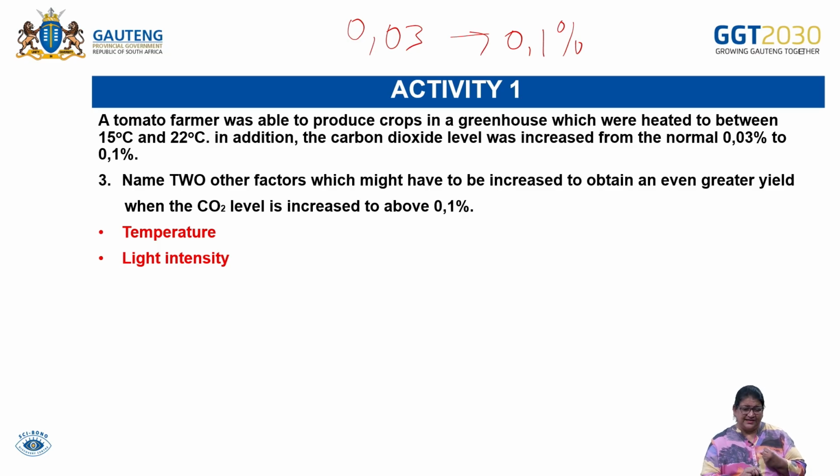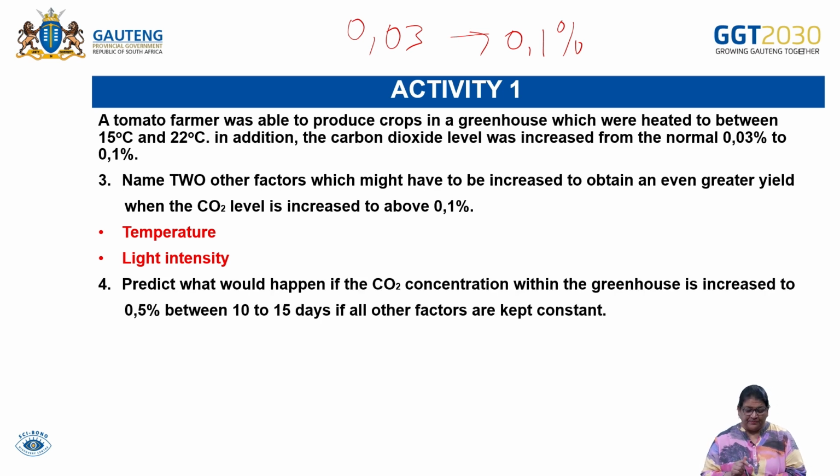Limiting factors. So CO2 will just increase, and then there's not enough light, it's not so hot, and so photosynthesis will slow down. So if you want to increase photosynthesis, if you increase CO2, you must also ensure that your temperature and your light are also increased. So you can't just increase one and leave the other 2 to be stable. They also have to be increased to a certain level.